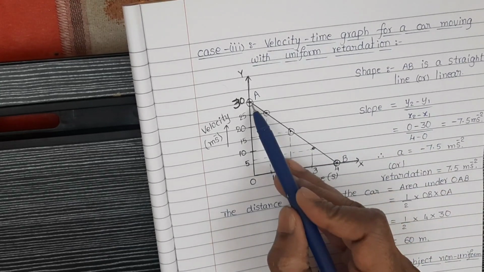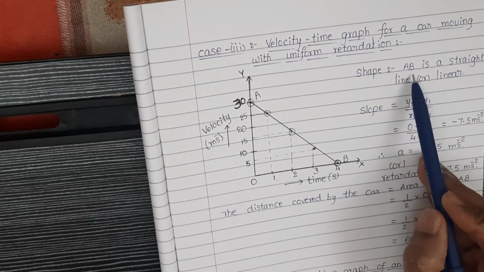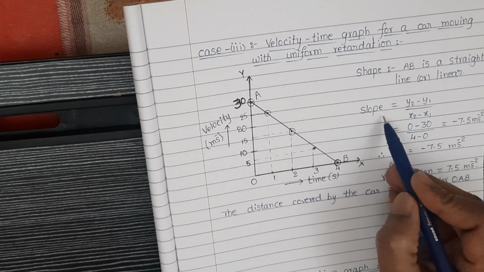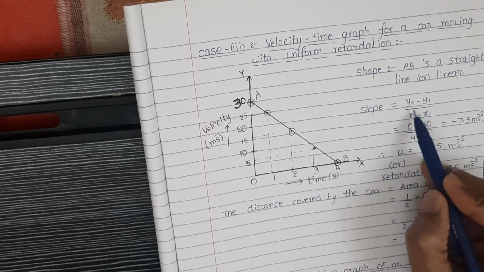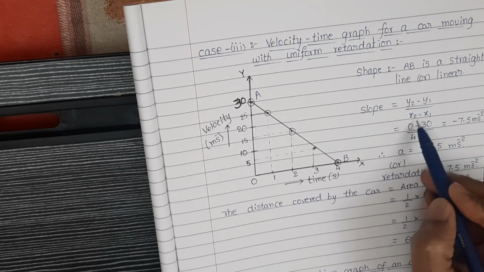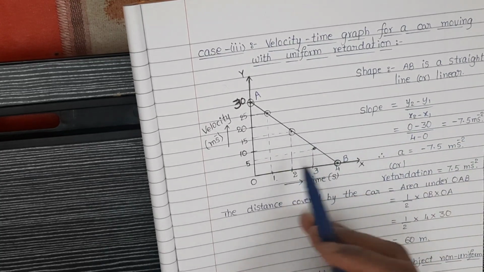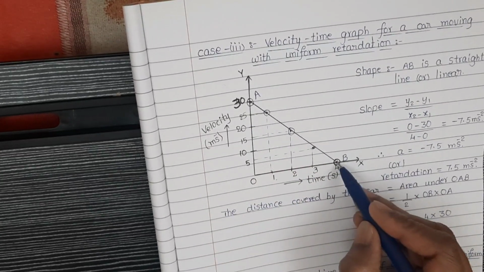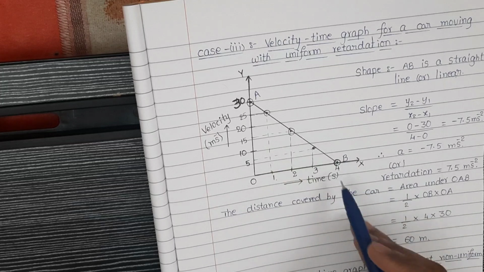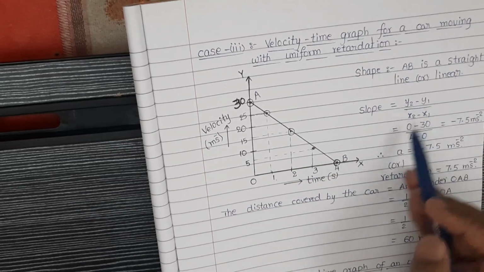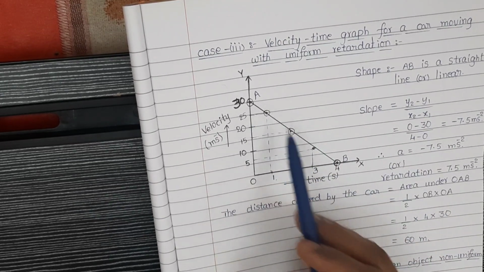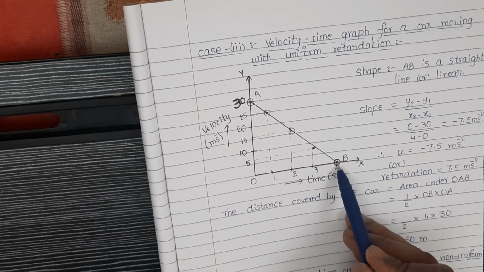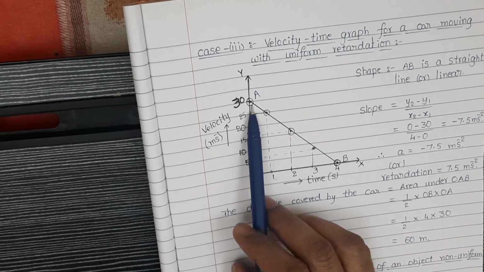If you check the shape of the graph, we are going to get again a straight line, or linear. To find the slope, let us take the y coordinates difference by the x coordinates difference. Here y1 is the first coordinate and y2 is the end coordinate. Of course, we can take any two, but I have taken y2 as 0 because this is the final point. y1 I have taken as 30.